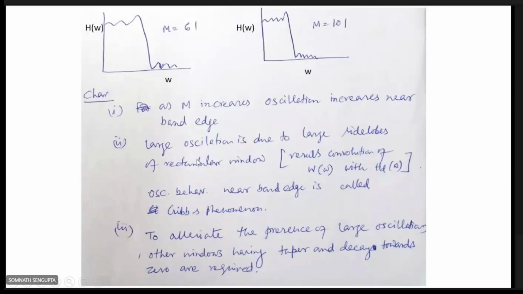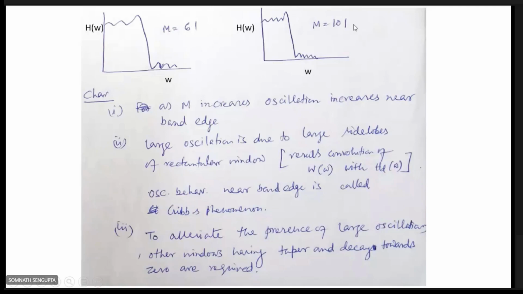If the number of samples is less, then the side lobe width will be more, so bigger lobes are there for fewer sample points.